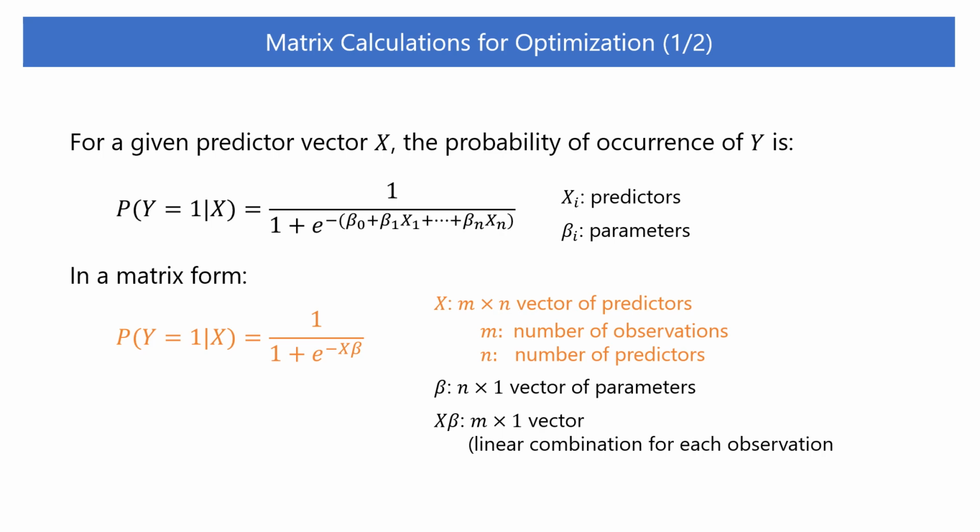Here, X is an m by n matrix of predictors. M is the number of observations and n is the number of predictors. Beta is an n by 1 vector of parameters. X beta is an m by 1 vector, representing a linear combination for each observation.